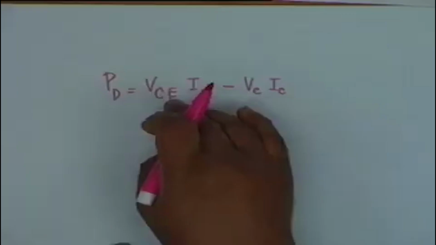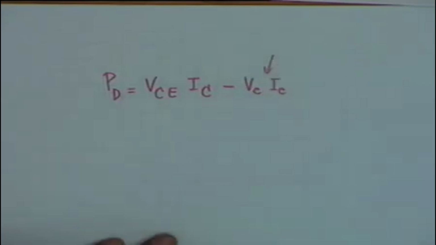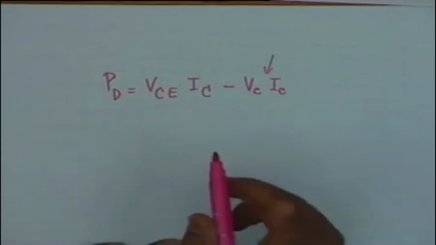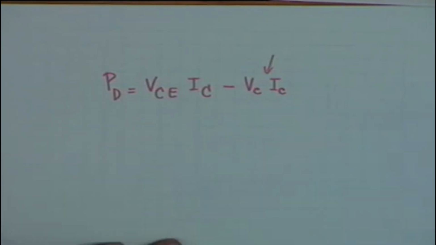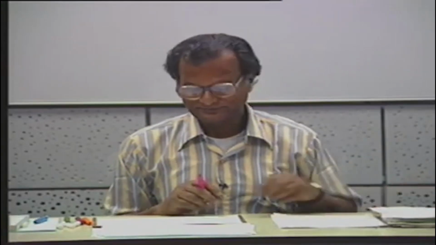When there is no signal, the power dissipation is maximum. Not only that, when you are delivering maximum power to the load, the dissipation in the transistor is a minimum. So it is not good to put a power amplifier on without a signal. It is only after the signal has arrived that it is better to put the power amplifier on. Otherwise, unnecessarily you waste heat.